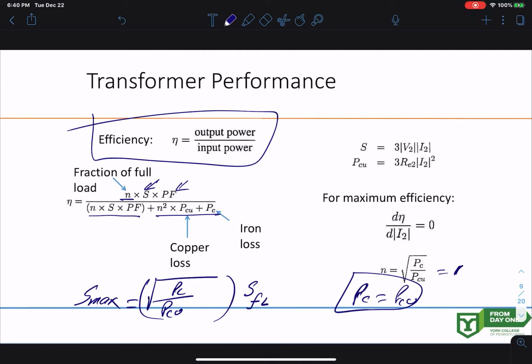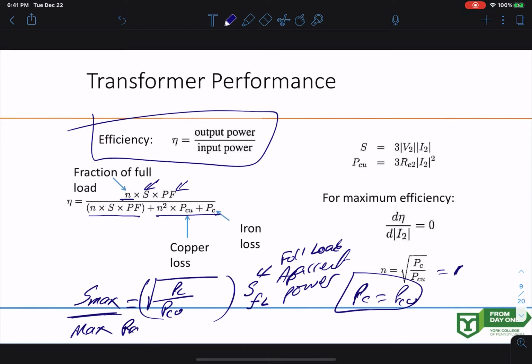So this is the full load apparent power. So this is the max rating for the transformer, and it could be found using this equation over here.